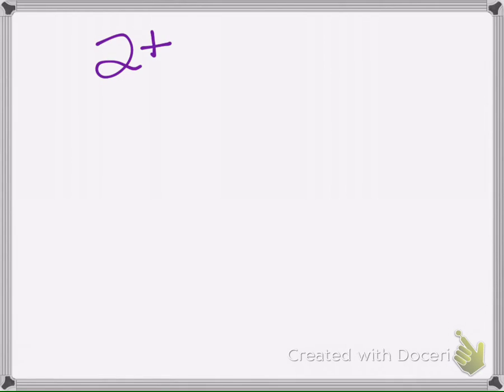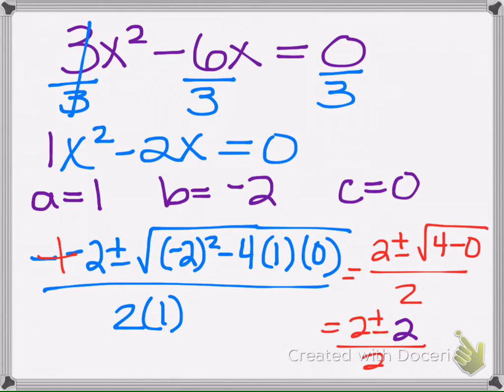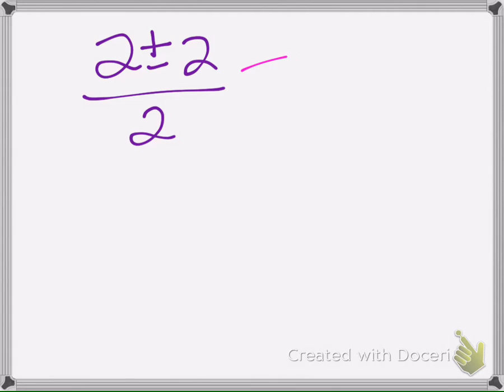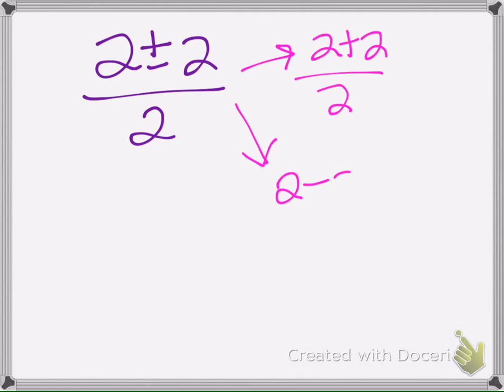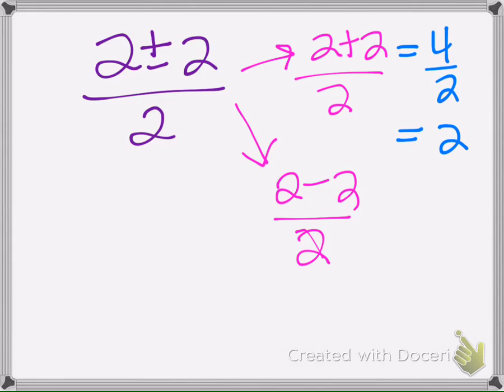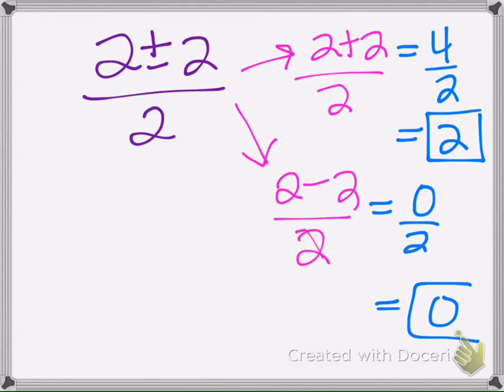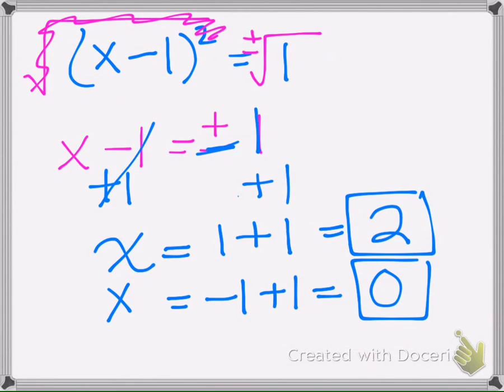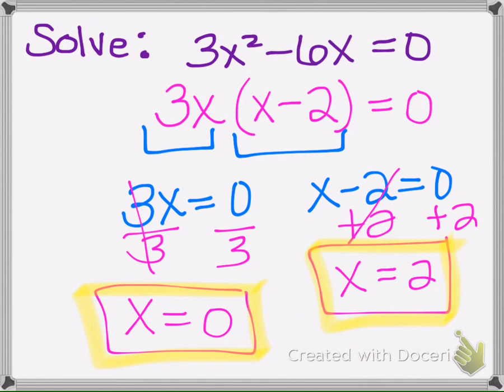So now we have this, and we would have 2 plus 2 divided by 2, and we'd have 2 minus 2 divided by 2. So we would have 4 divided by 2, which is 2, so that's one of our answers, and then we'd have 0 divided by 2, which is 0. And those are the exact same two answers that we got using this method and this method.